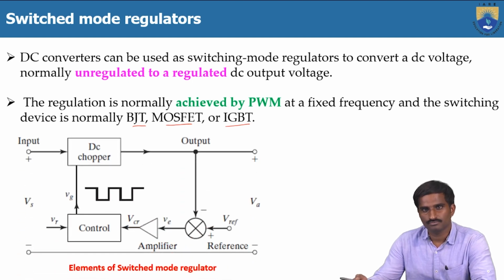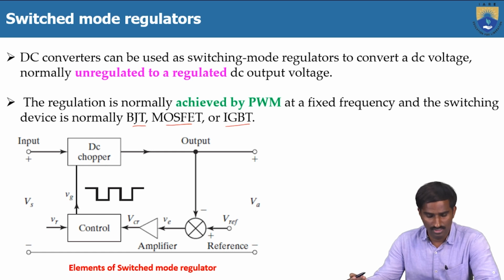And here you can see the basic structure of the switching mode regulators. Of course, there are different types of switching mode regulators, but we are not going into detail about the different types. Here I am trying to give you the basic idea about the switching mode regulator. These are the different elements present in the switching mode regulator.